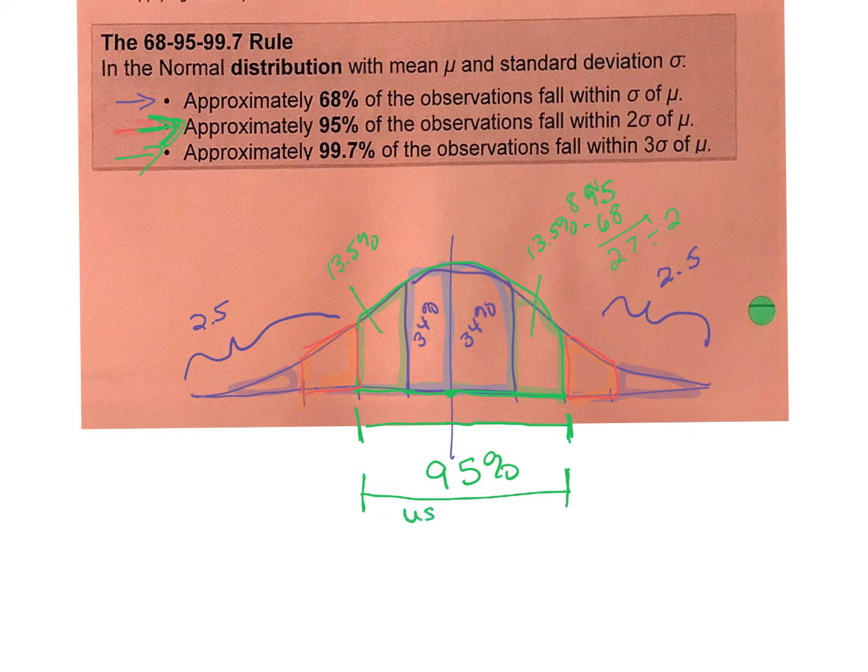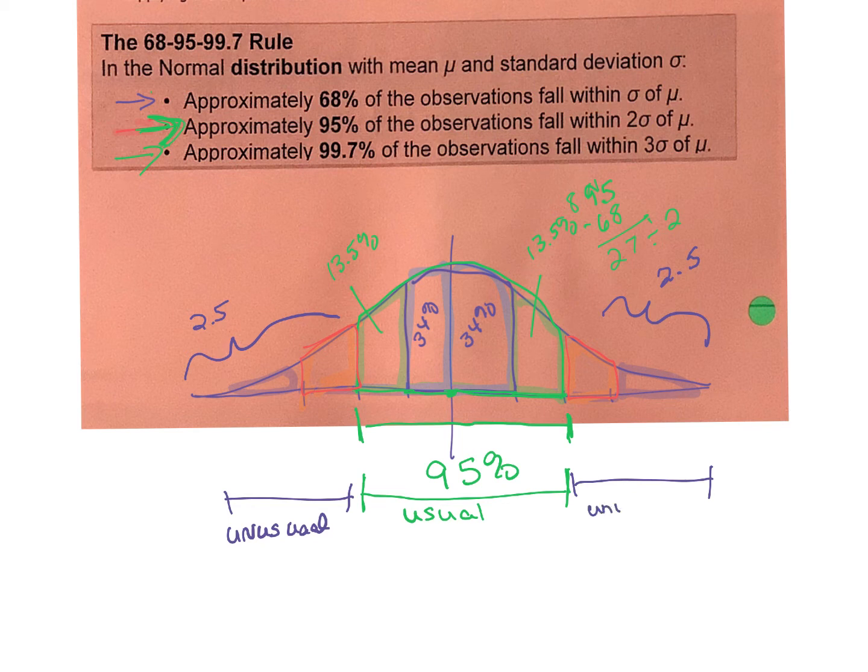These are what would be considered usual observations or typical observations. From 2 standard deviations from the mean all the way out in each direction, these are considered unusual. Anything beyond, I can't spell, unusual, I have an extra A in there.